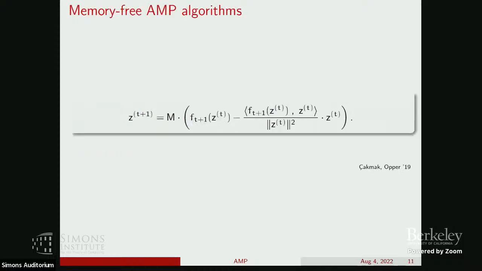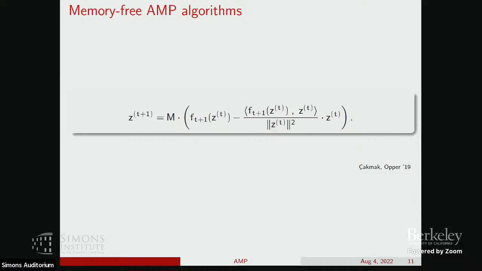Okay, so the class of algorithms that I'll look at are these so-called memory-free AMP algorithms. These particular ones were introduced by Chapman and Hopper, and their validity was later established in the follow-up work by Zhong and Fan a couple of years ago. So these are algorithms with a very specific flavor. What are they doing? You again update your algorithms.